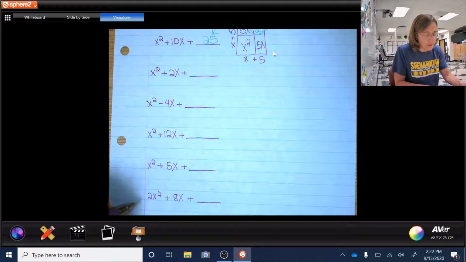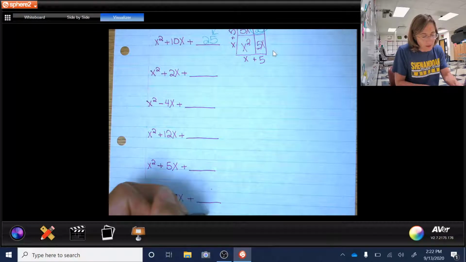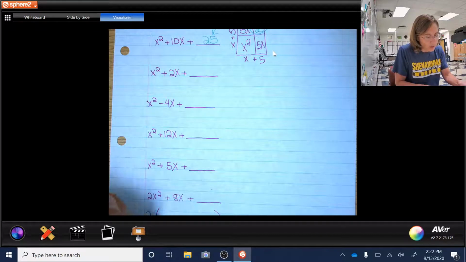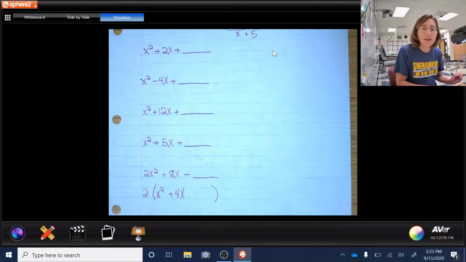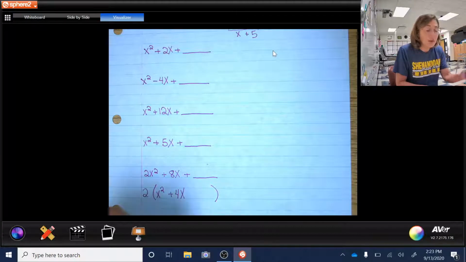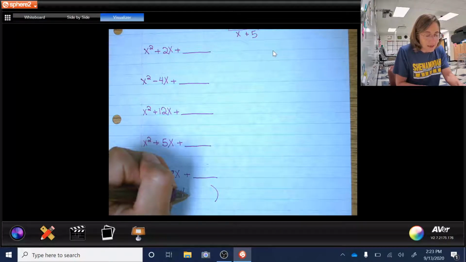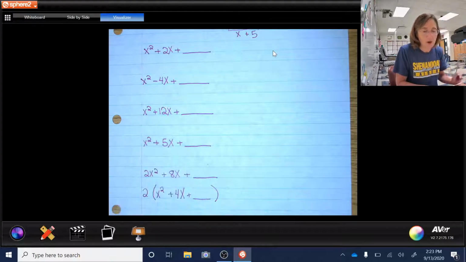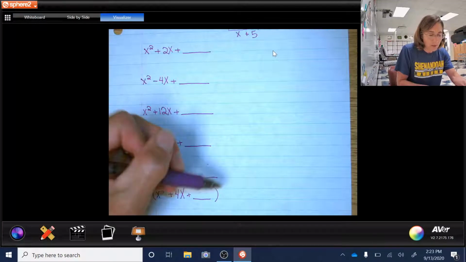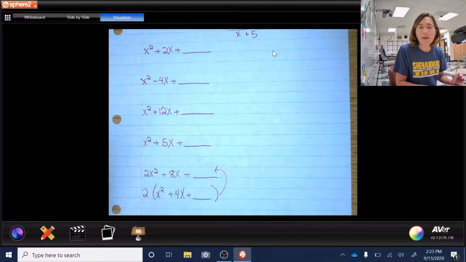So what I want you to think about there is pull the 2 out front and work with the x squared plus 4x part to get your picture. I'm using the distributive property in reverse. Pull that out front and see if that helps you get a handle on what would complete the square. And then we'll worry about bringing it back up here to this blank. So there's your clue on that one.